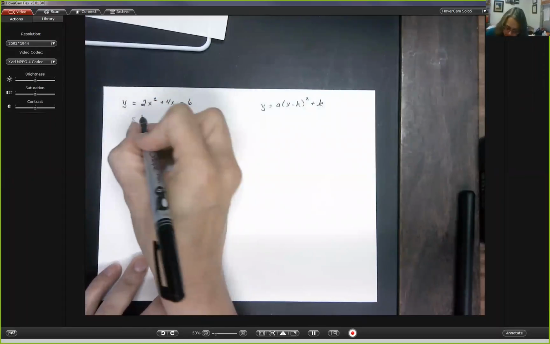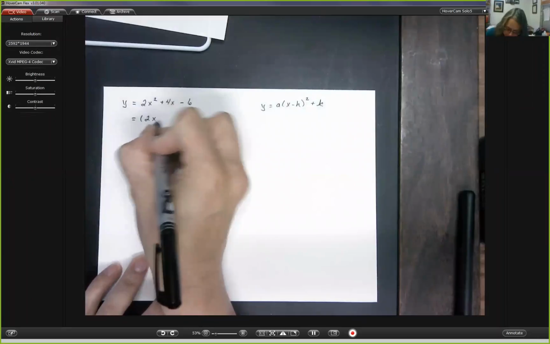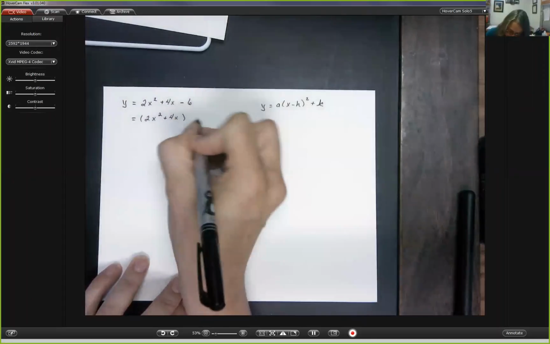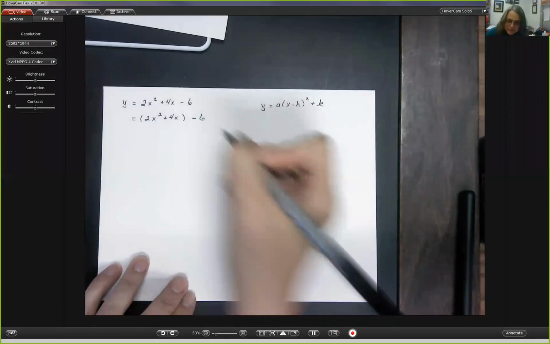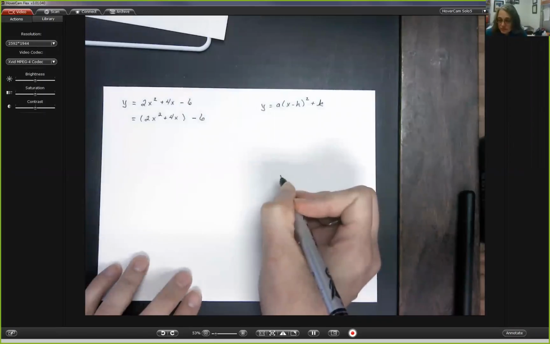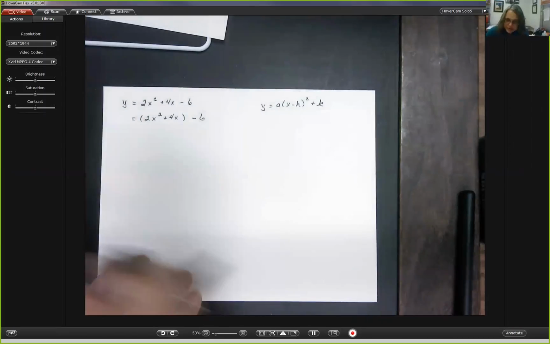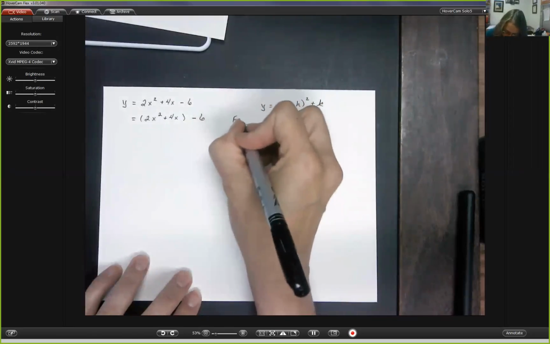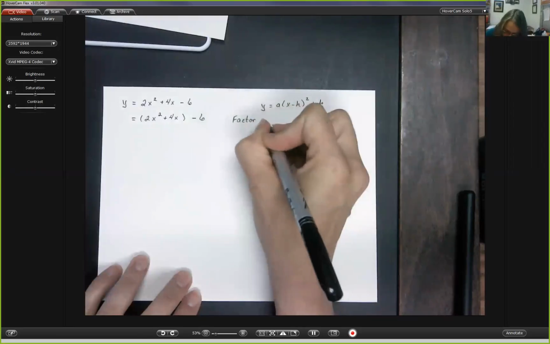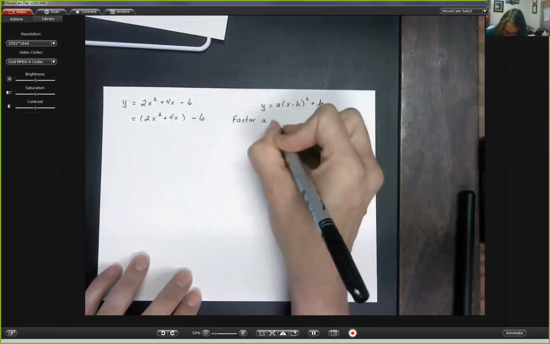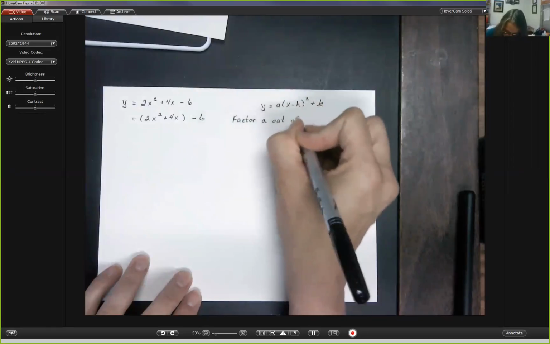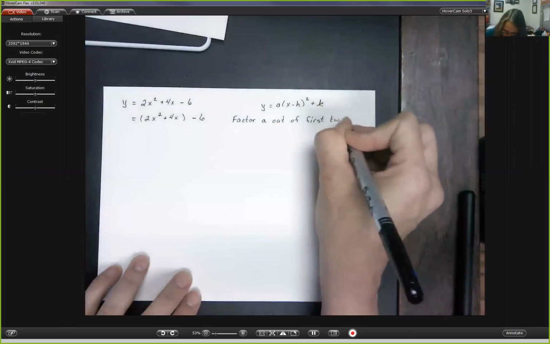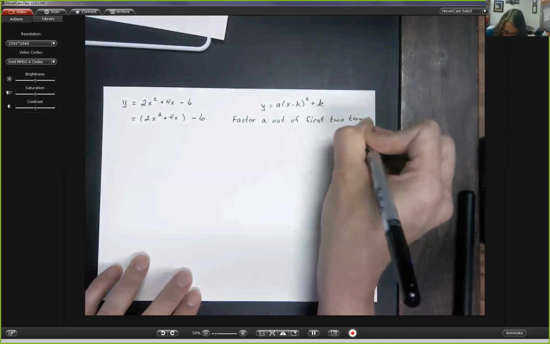Step number 1, put the first two terms inside a set of parentheses, and then write down the last constant term. What we need to do now is factor a, whatever a is, out of the first two terms.